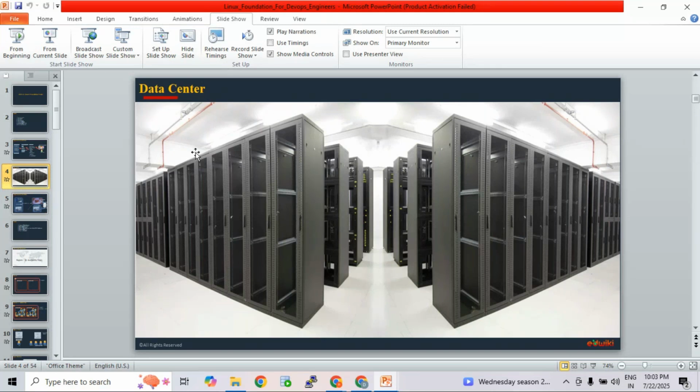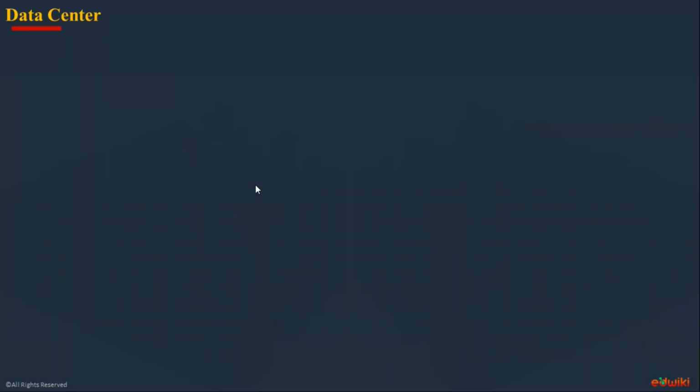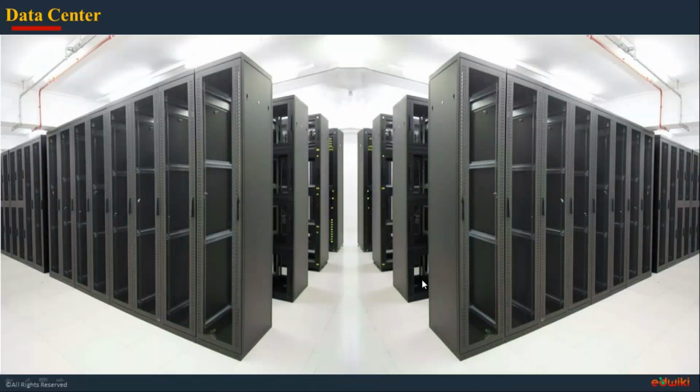But it's not so easy to maintain a data center, because if you are maintaining a data center like this, you have to keep the number of racks, put in cable connectivity, and obviously power connectivity, redundant power, and maintain the temperature conditions with good air conditioning, and physical security.